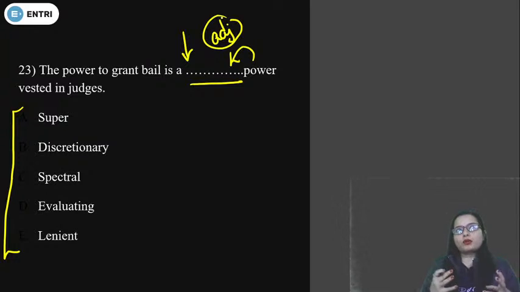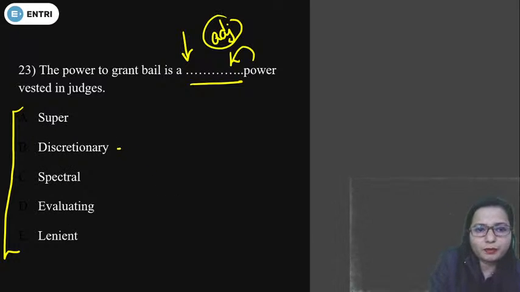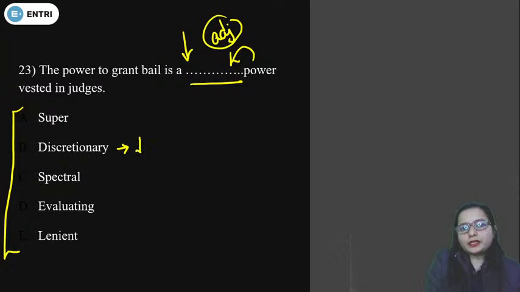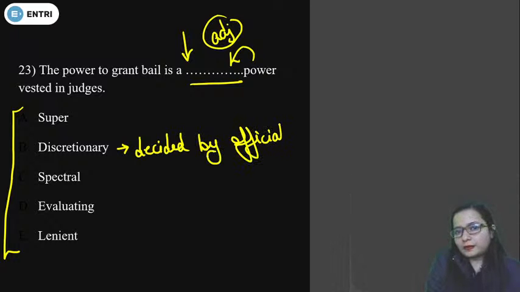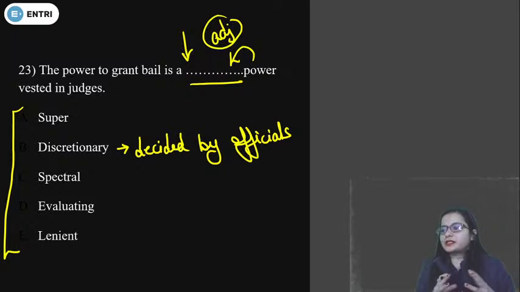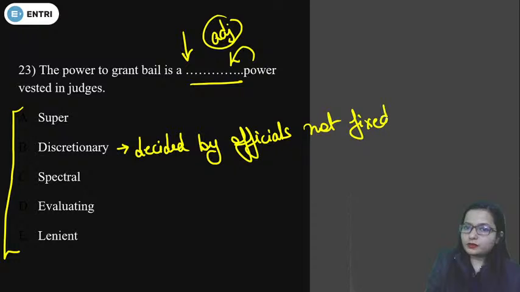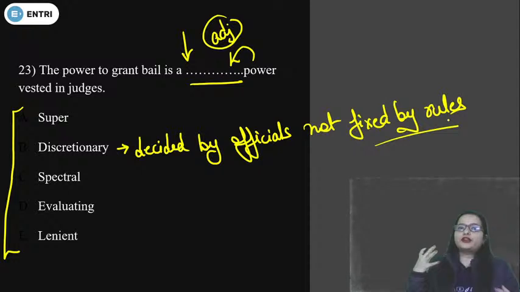Okay, if you say superpower, it doesn't go with the context. What is the meaning of discretionary power? What is the meaning of this word? When something is decided by any law or decree, when something is decided by officials and not fixed by rules. When an official has the right to make some kind of decisions which are actually not fixed by rules.